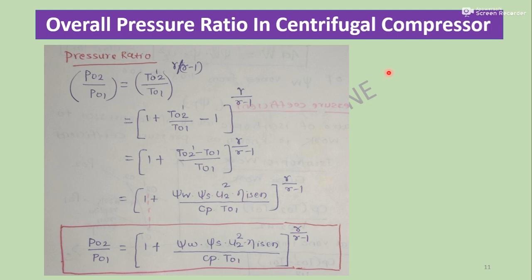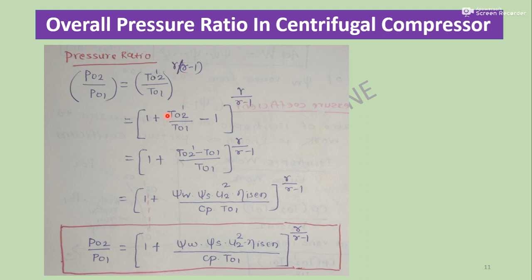Now we will see the overall pressure ratio in a centrifugal compressor. By using the thermodynamic concept, we already know that pressure ratio is given in terms of temperature ratio. So P02 divided by P01 is written in terms of temperature ratio as T02 dash divided by T01 raised to gamma upon gamma minus 1.